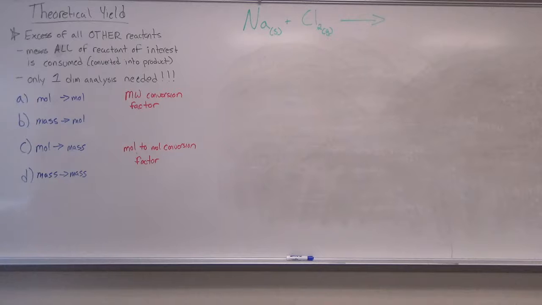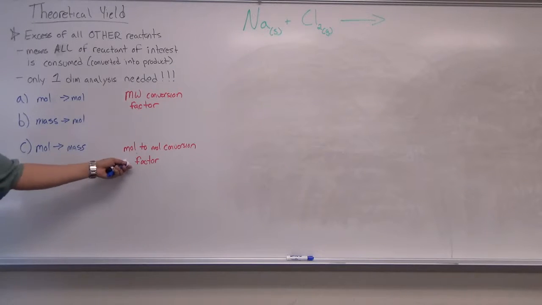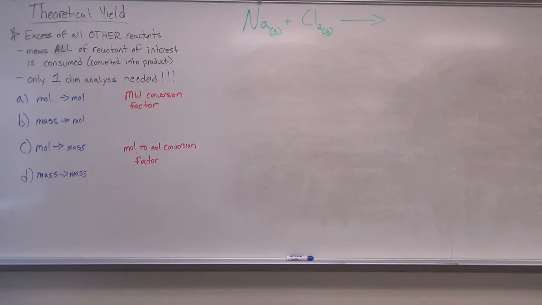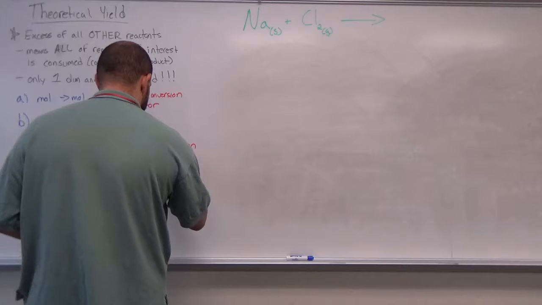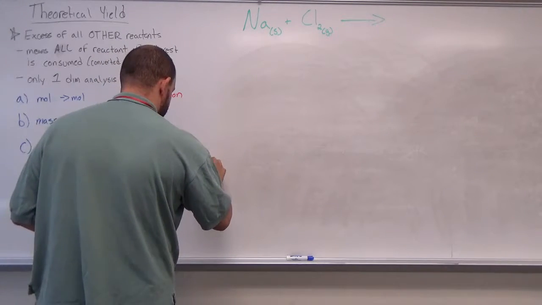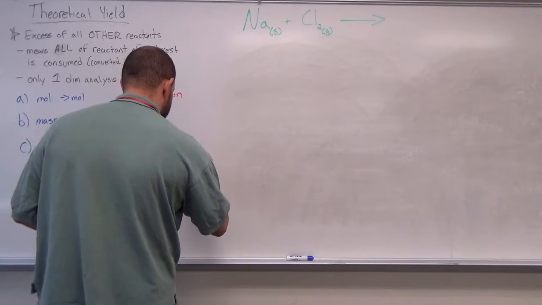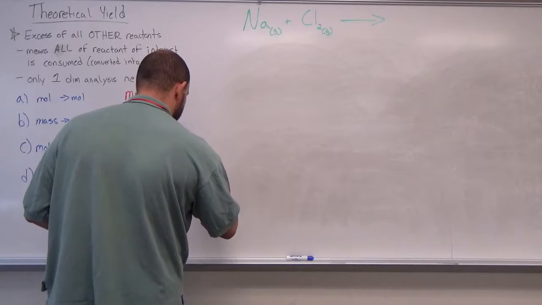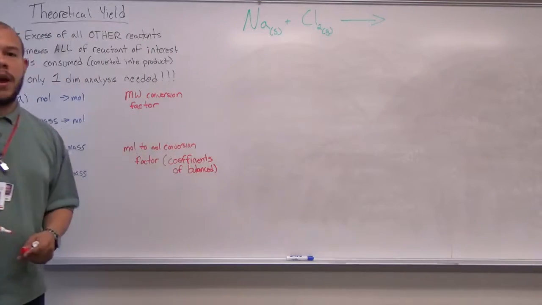What values? The coefficients of the balanced chemical equation. That's where mole-to-mole conversion factors come from. The coefficients of the balanced equation. And you can't balance unless you can predict products correctly.